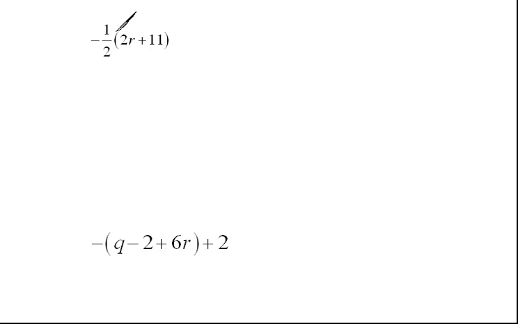Well, again, order of operations says we should do what's inside the parentheses first. But we can't combine these because these are different, they're not like terms. So our next opportunity is to take care of the multiplication, and for that we have to distribute. So we have to do negative 1/2 times 2r. If you're not comfortable with fractions yet, then I highly suggest just moving out to the side and doing that, showing that multiplication.